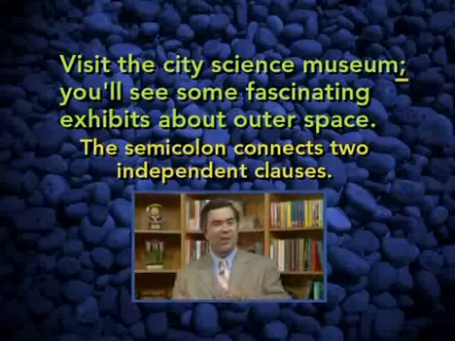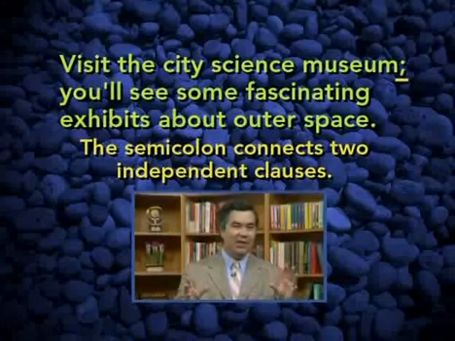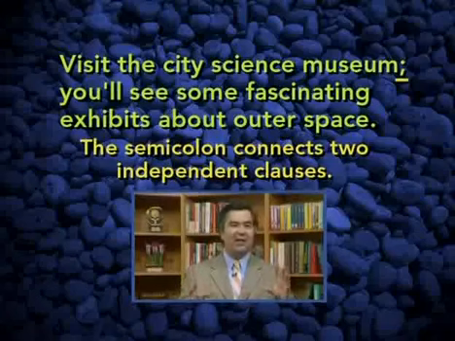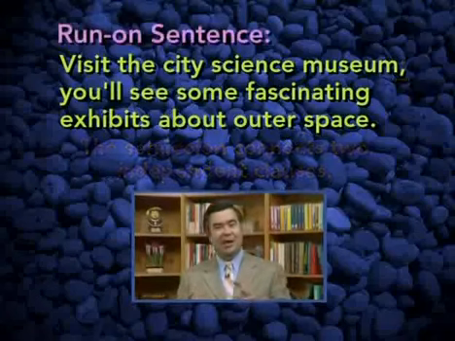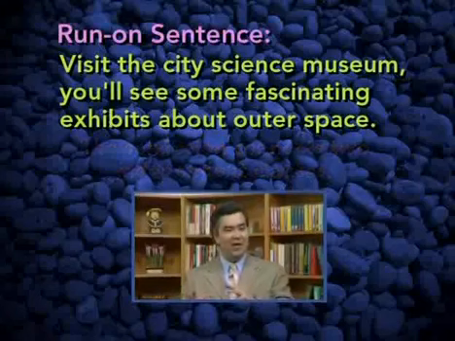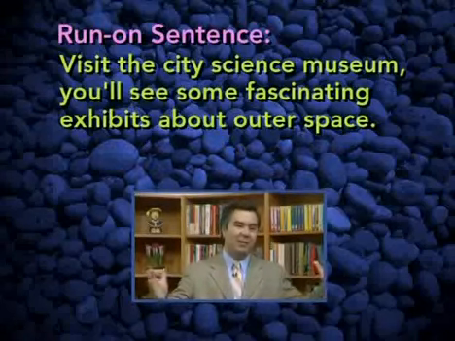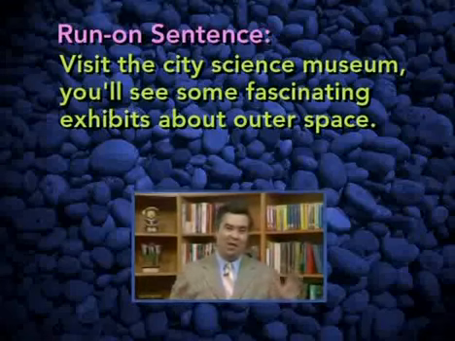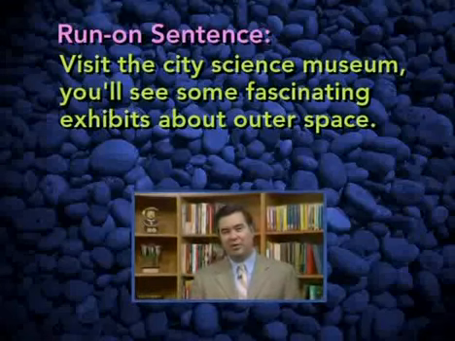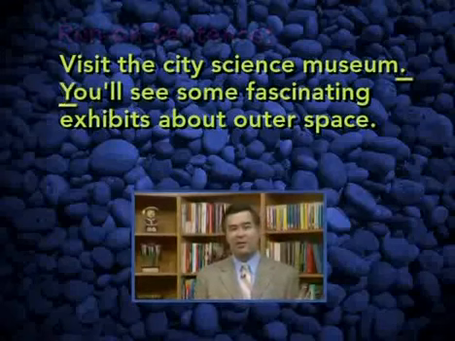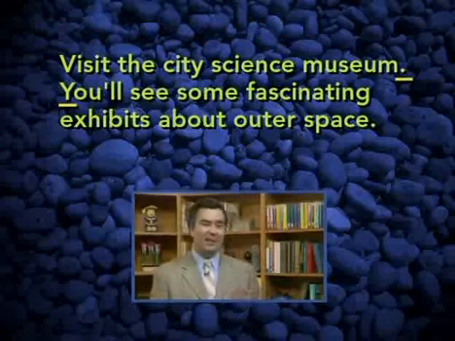And if you put a semicolon in the middle of this longer sentence, you would create a correct compound sentence. The problem with it as it now reads is that it's a run-on because the two independent clauses have simply been stuck together with a comma, which does not work. Of course, there's really a third possible solution, which would be to make the two independent clauses into two separate sentences.